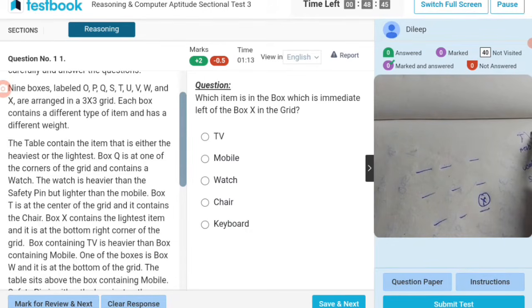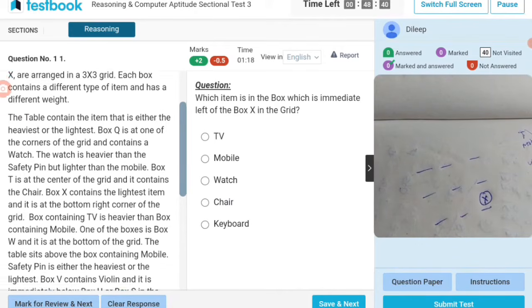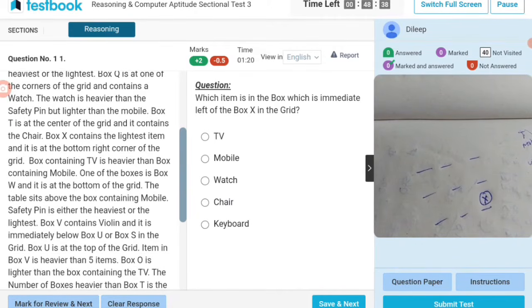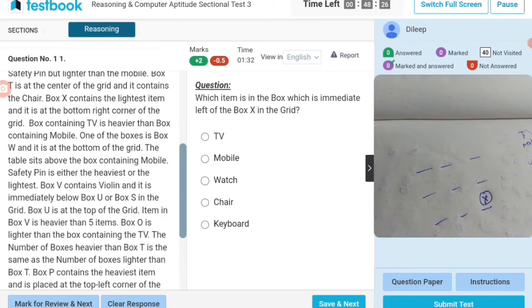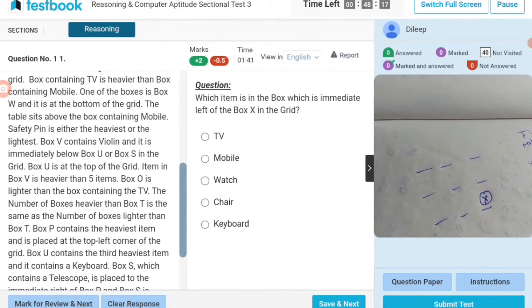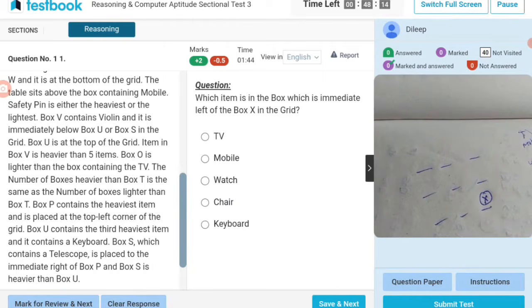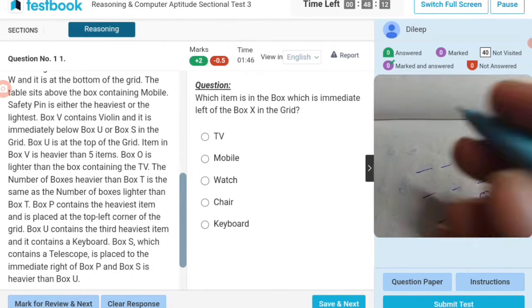One of the boxes is box W and is at the bottom of the grid. The table sits above. It contains violin and it is immediately below U. P contains the heaviest, top left corner.